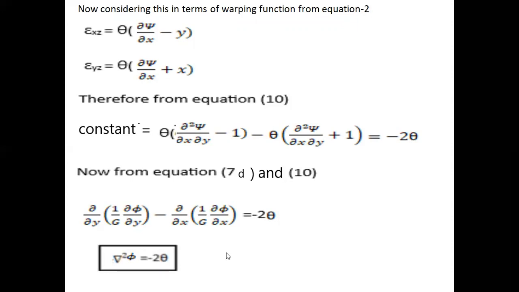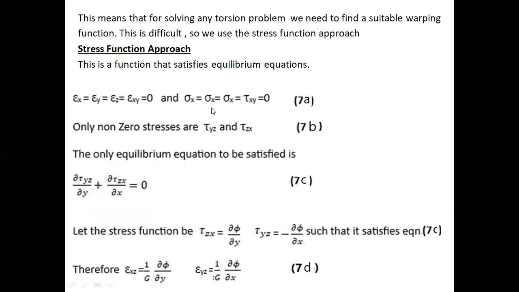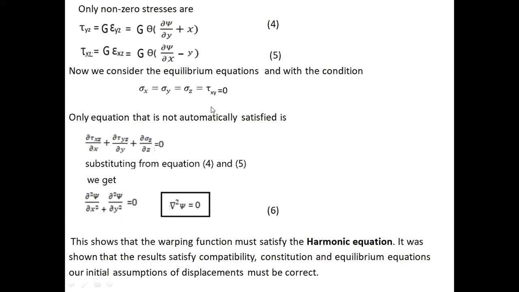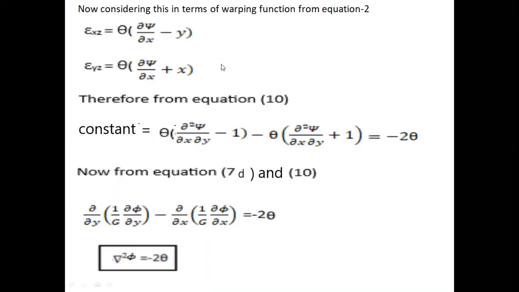Now we'll go back to the warping function. If you remember, in the warping function, epsilon xz is equal to theta times del psi by del x minus y, and epsilon yz is equal to theta times del psi by del y plus x. This was there in equations 4 and 5.